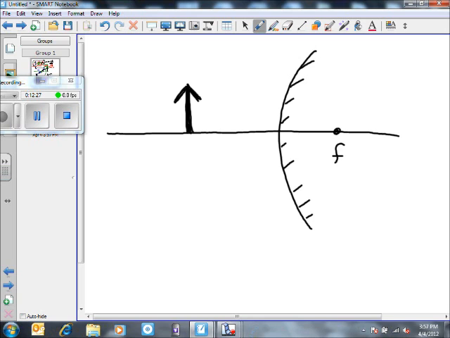Well, kind of the same way. First you come in parallel to the principal axis, and then you can't see what I'm doing here, but I'm lining up my ruler with this. And then I can see where my reflected ray is going to go, right along that same line.